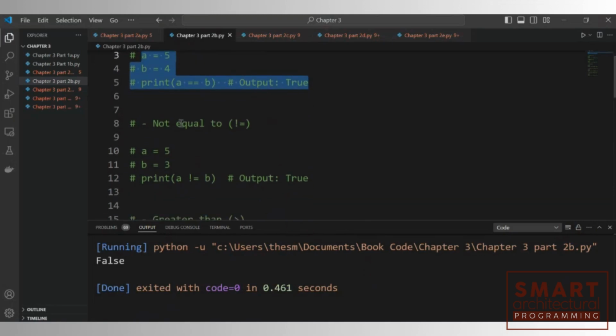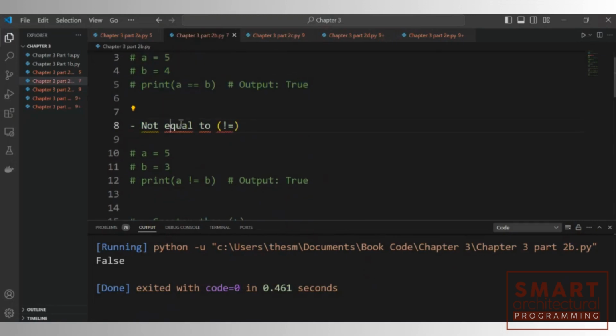The next operator in comparison operators is the not equal to operator. So in this case, instead of two equality signs, we use one equality sign, to the left of which we have an exclamation mark. So an exclamation mark and an equality sign. That is the operator for not equal to. So here we test whether two values are not equal. In the previous case, if both values were 5, this is going to give false because both values are equal. What this operator tests for is the values not being equal.